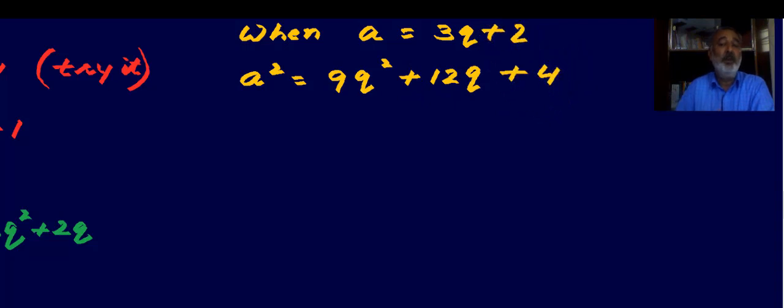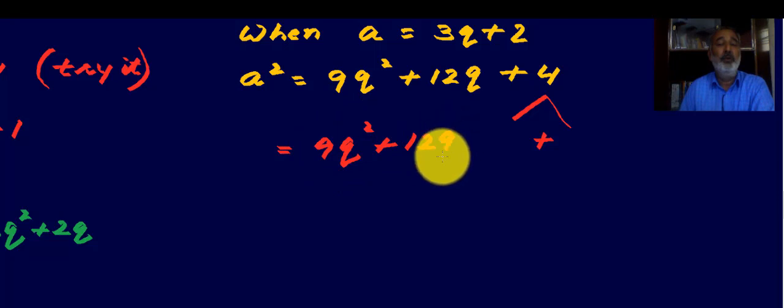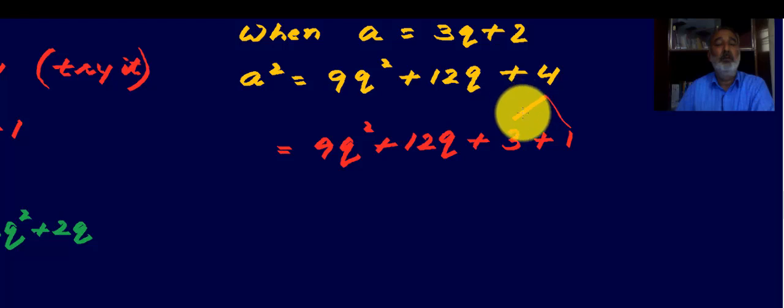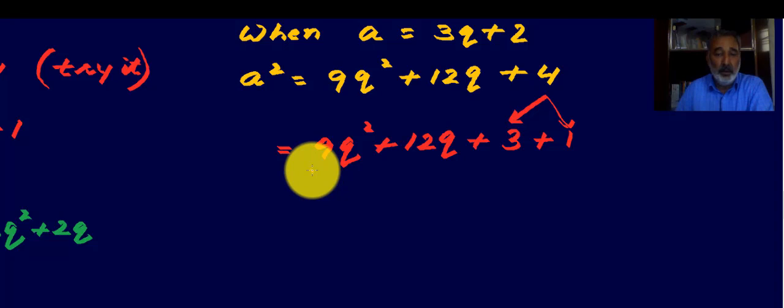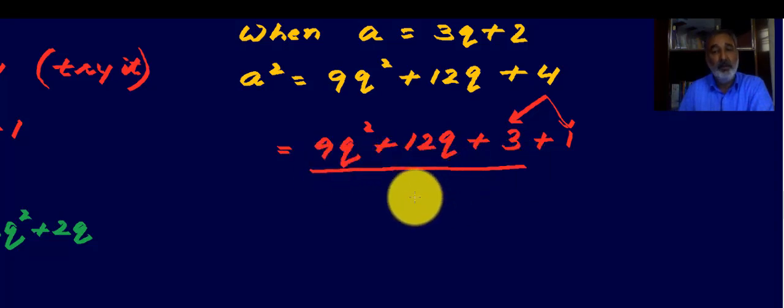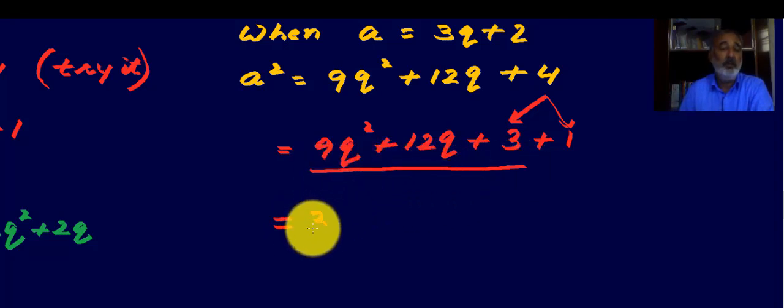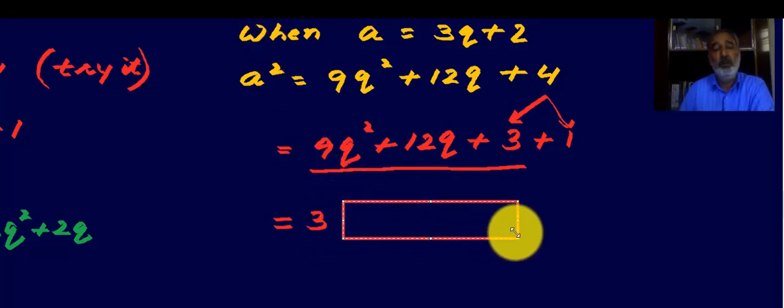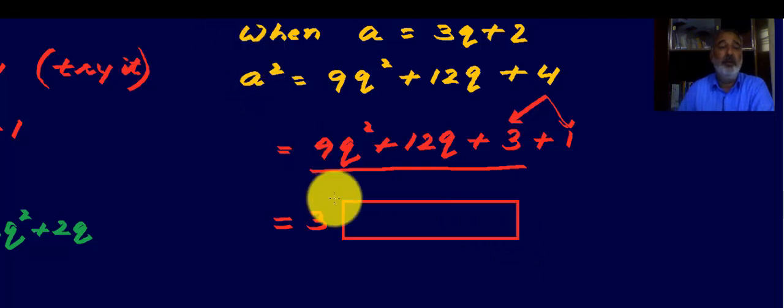Then try to split this number into 2 different numbers: 9q square plus 12q plus 3 plus 1. Remember this. This number has a common factor 3. And I am using this box now, which will later be substituted by m.